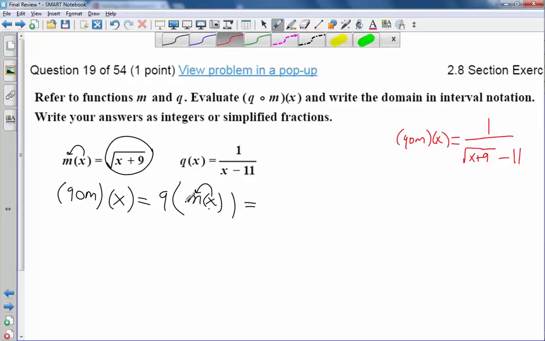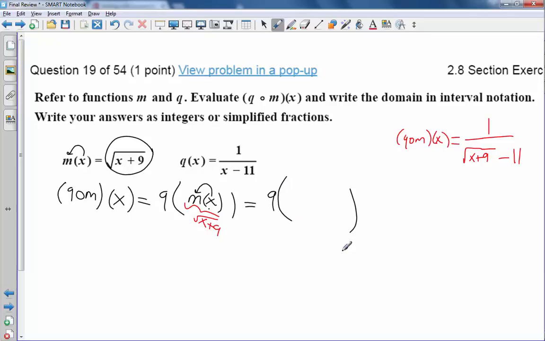First step is just wipe this off and read its formula, that is X plus 9 under the square root. Okay? So M of X is gone. The material X transformed into a brand new thing, square root of X plus 9. We used to have only X under Q. Now you have something mutated, completely changed.